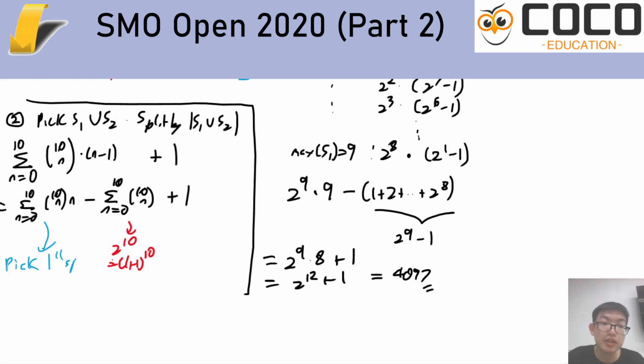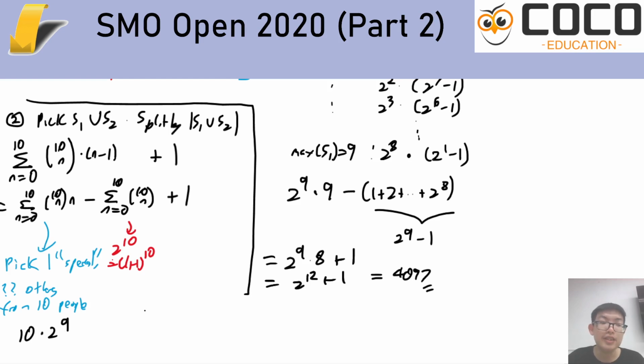So pick one special person and any number of others from 10. This is going to give you 10 ways to pick the special person and 2 to the power of 9 for everything else.